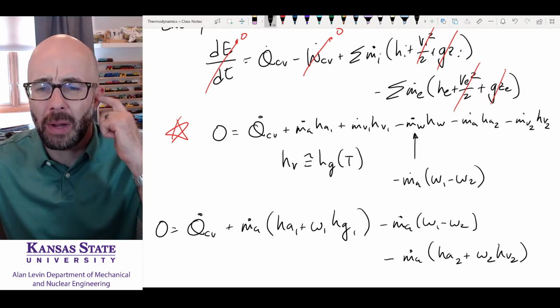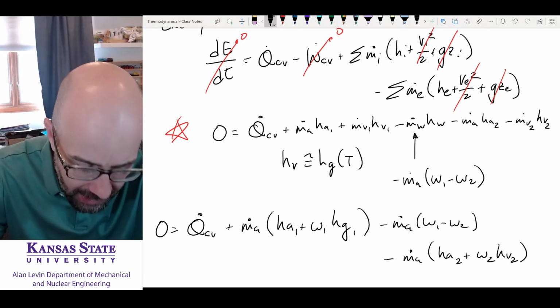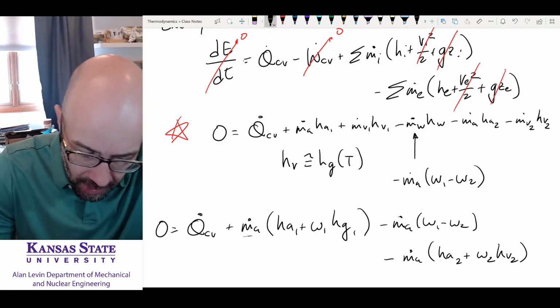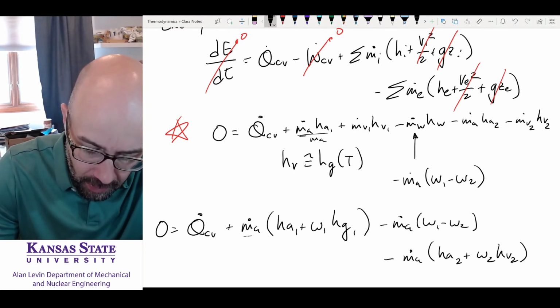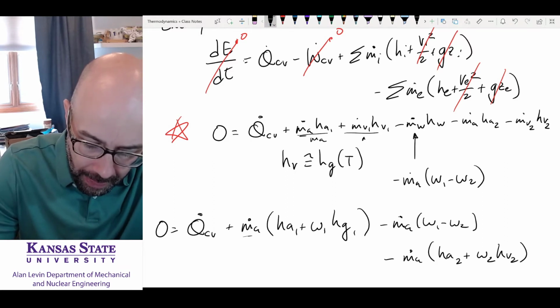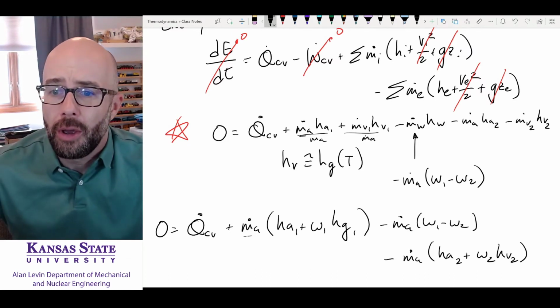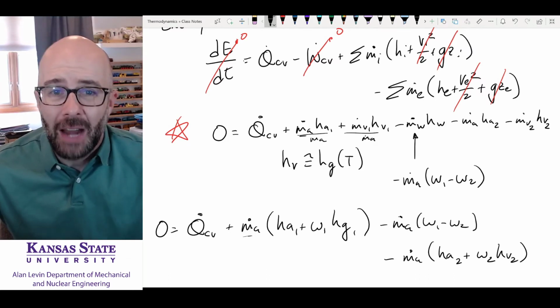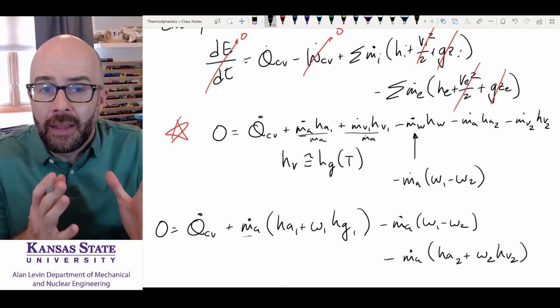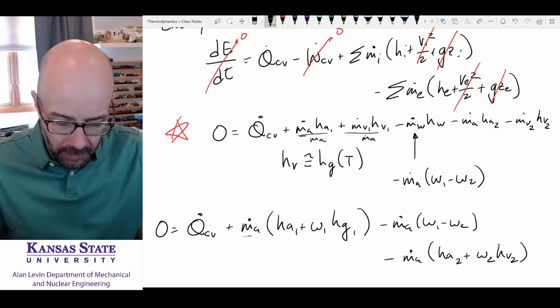Now you might be wondering, Dr. White, where'd you get this omega from? Remember, I'm taking out mass flow rate of air here. So if I take this and divide by mass flow rate of air, this is going to give me the humidity ratio there. And really I've taken mass flow rate of air out of everything, which is very useful.